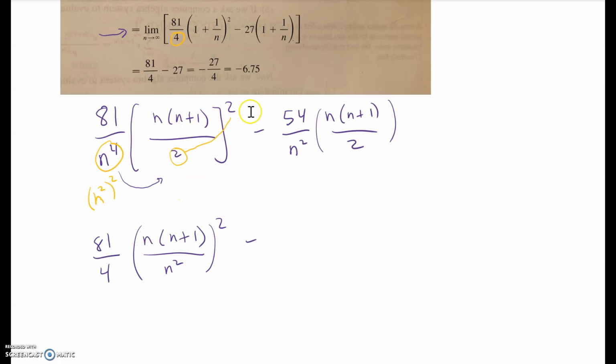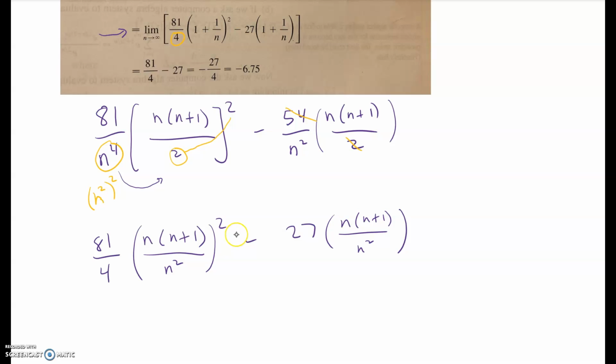So over here, the 54 and the 2, those just cross cancel. You just got 27 there. And then the n plus 1 over n squared, let's just leave that alone for a minute. Okay, now this n plus 1 over n squared. So you can see it's there twice.